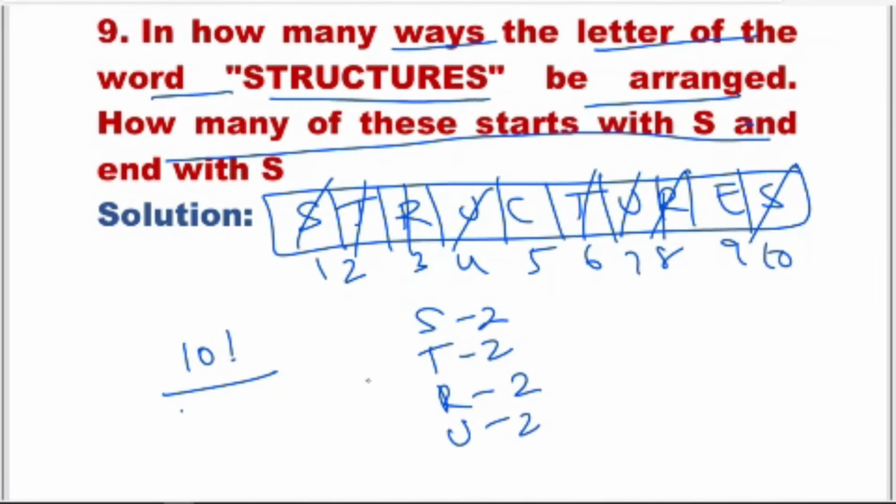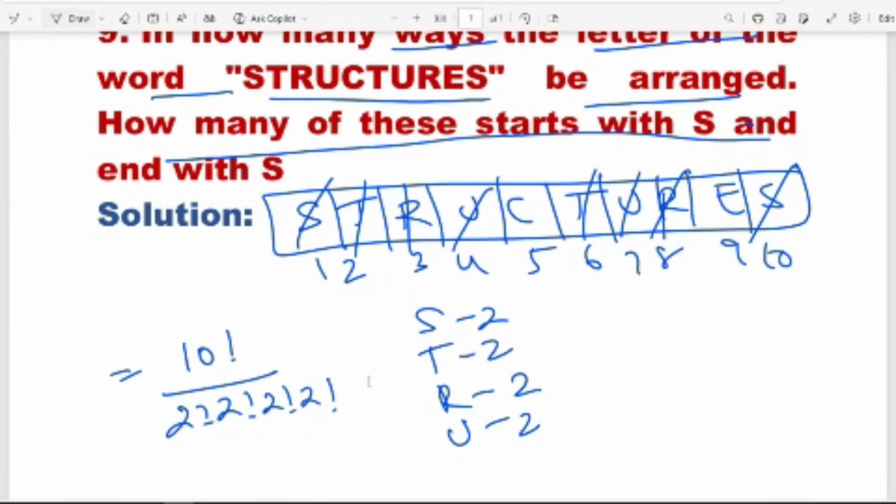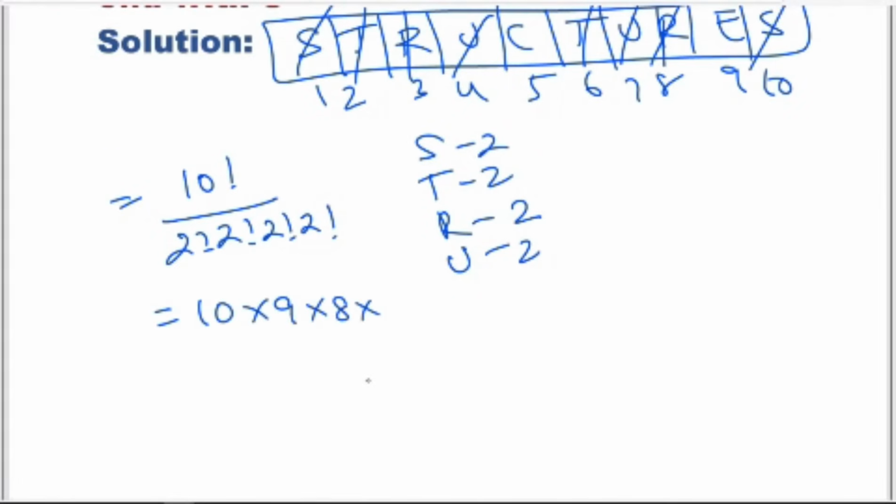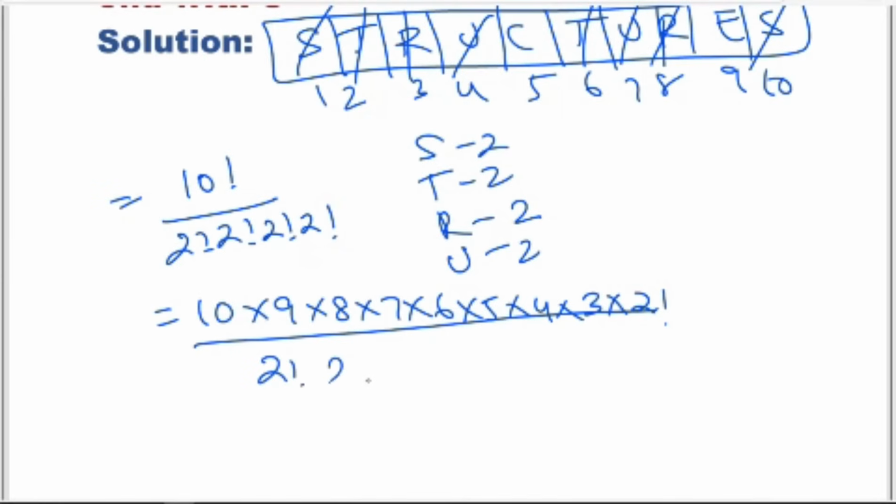So it will be 2 factorial four times. For simplifying, 10 factorial is 10 into 9 into 8 into 7 into 6 into 5 into 4 into 3 into 2 factorial, and the denominator expanded is 2 factorial, 2 into 1, 2 into 1, 2 into 1.